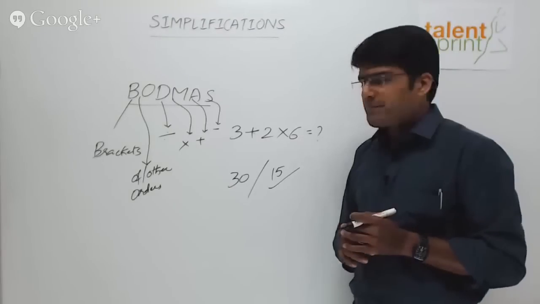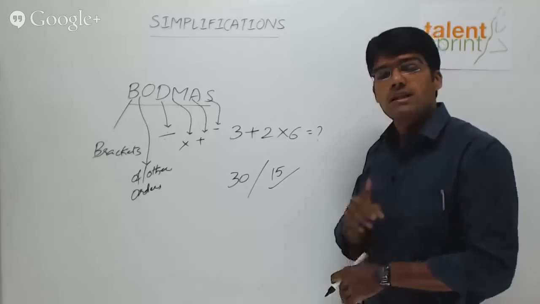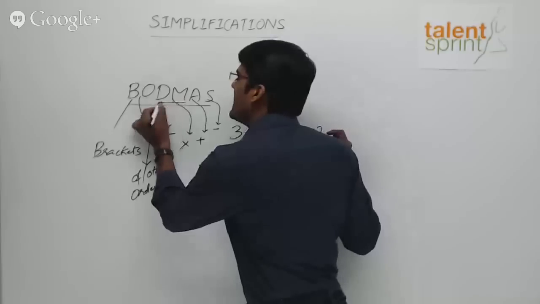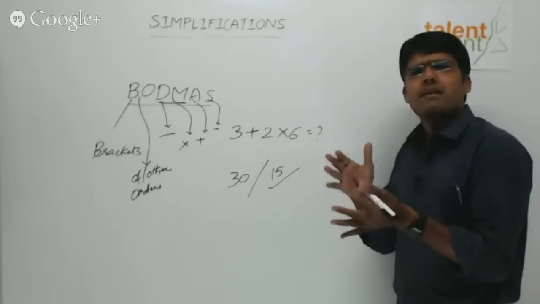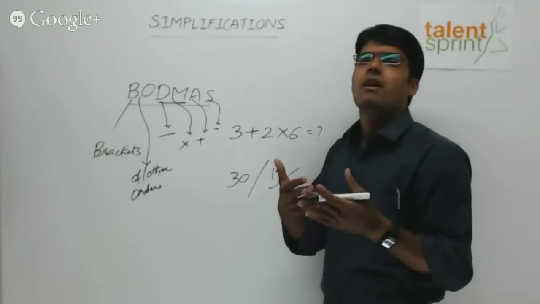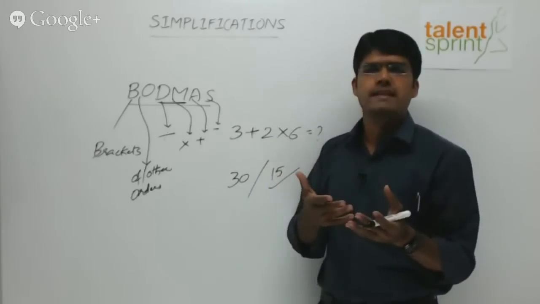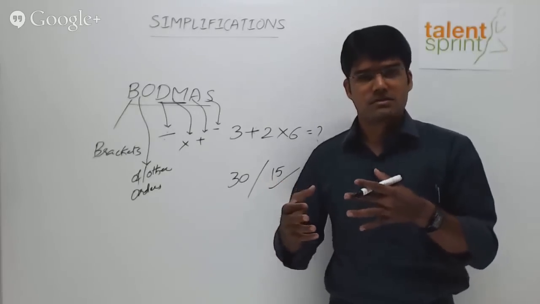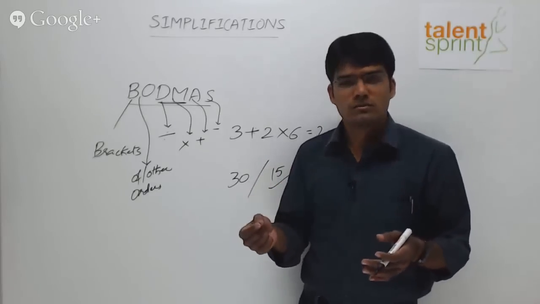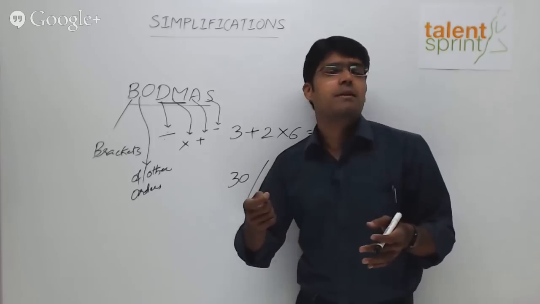Now, before we actually look at some of the questions, another important point I would like to mention is this D and M. Understand, as per the rule, division first, then multiplication. But divisions and multiplications are similar operations, yes or no? Multiplication is one kind of division, or I can say division is one kind of multiplication. Are you able to follow? 2 into 2, that's a multiplication. 2 is getting multiplied by 2.